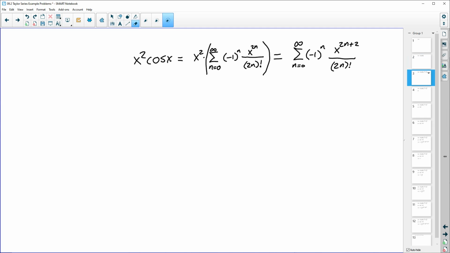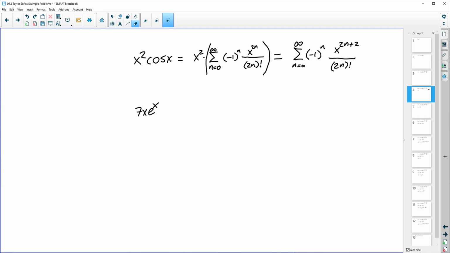I then can multiply the x squared through my Maclaurin series. 2n becomes 2n plus 2, and that is the Maclaurin series for x squared times cosine of x.